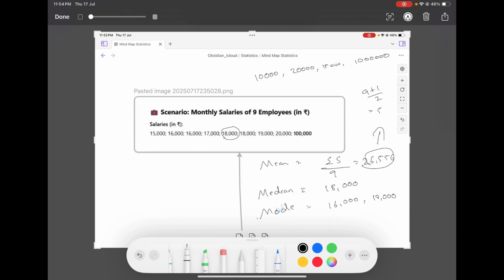You will get an impression that, for example, in a company, the CEO is getting maybe 1 crore, and all the other employees are getting some 10,000, 20,000. So if you calculate the mean, you will get an impression that the average salary of the employees in that firm is maybe 1 lakh or 2 lakh, but it is not so. Then you need to look at the mode.